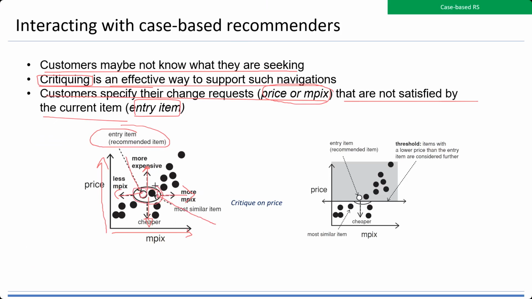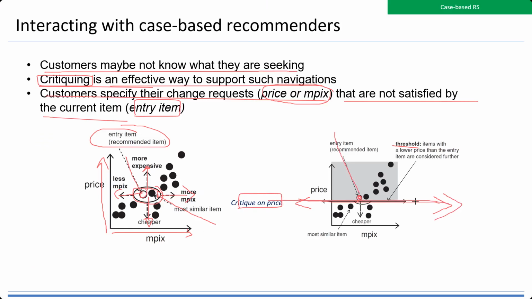Or sometimes we can also do it with thresholding. In this case, we can say we want to critique on the price. So on the price, we set this one, and the entry item is here. Because this is the entry item, let's look at the user requirement.